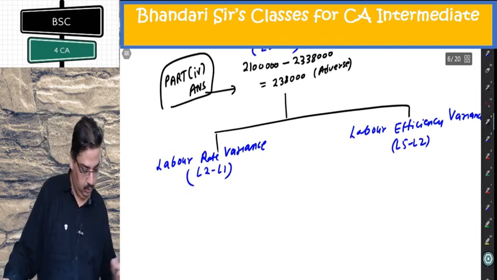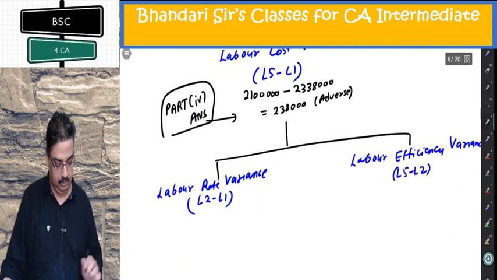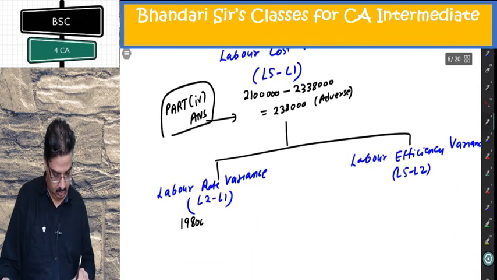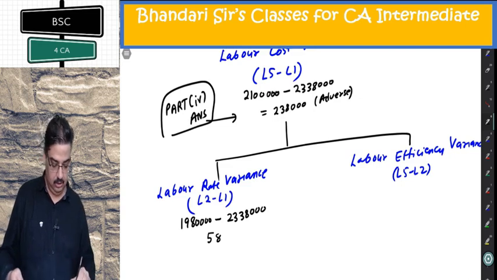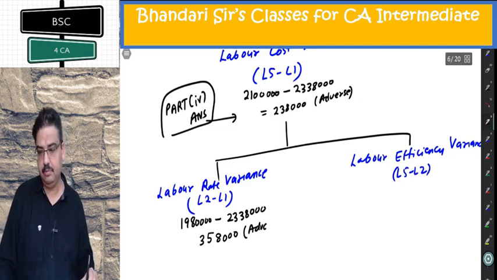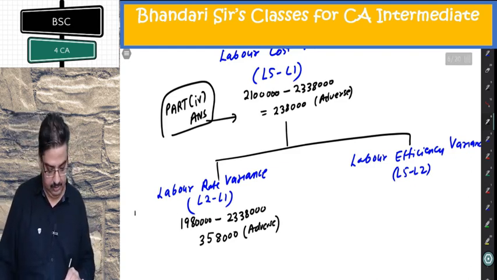Let us calculate those. L2 I had 19 lakh 80,000 minus 23 lakh 38,000. This is 3 lakh 58,000 adverse. This is part 5 answer.